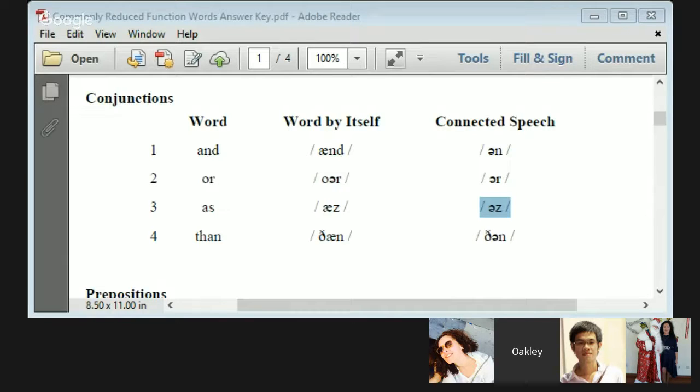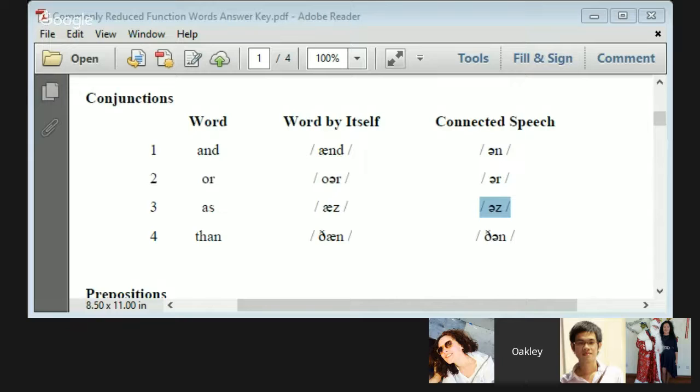Great. And you notice "white" gets really, really stressed in that sentence: "as white as snow." So you notice also the pitch change. In addition to reducing our function words, we're also pronouncing them at a lower pitch than our content words, our important nouns, adjectives, verbs, and adverbs.